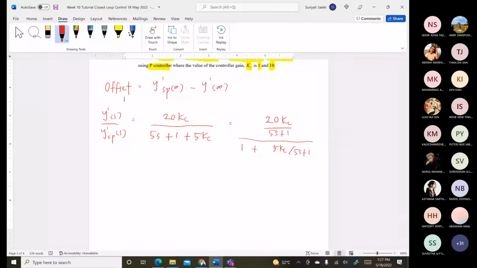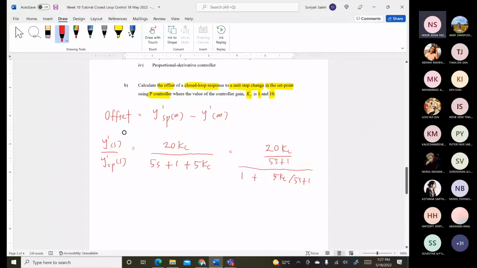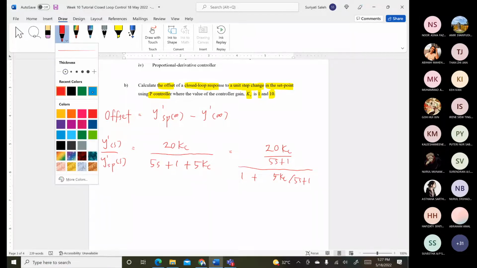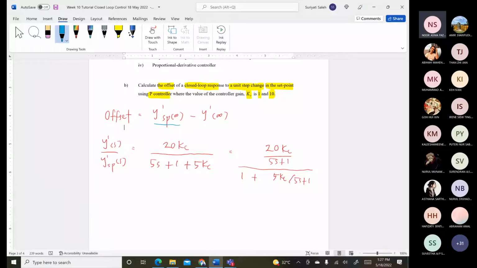Okay. Now, based on my survey from your exercise, from the one that you submit to me, there will be some confusion over here. So this is the thing that I would like to clarify more. So for this part, we have the y prime sp infinity minus y prime infinity.